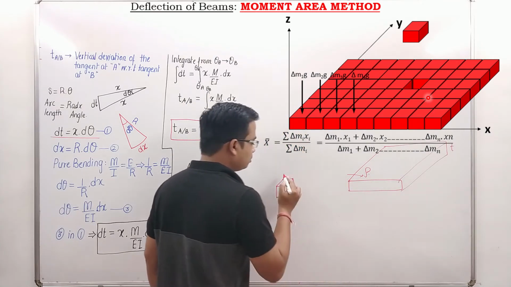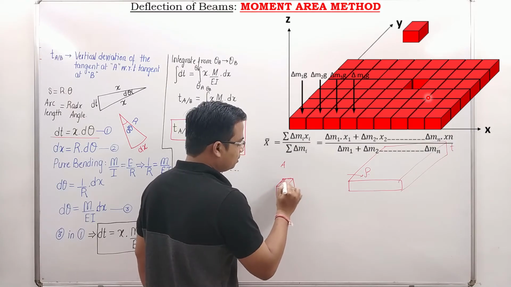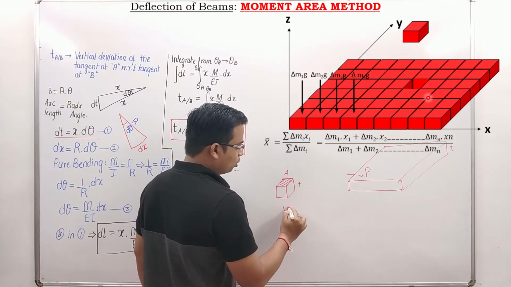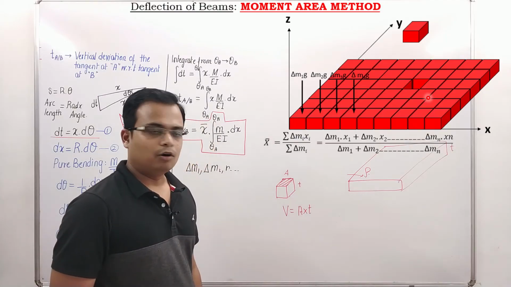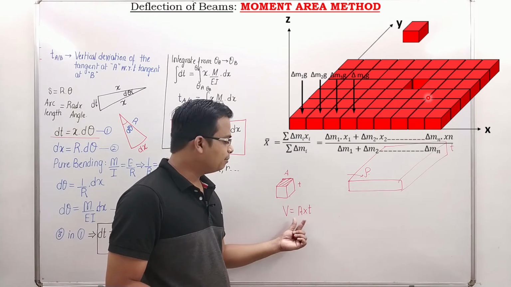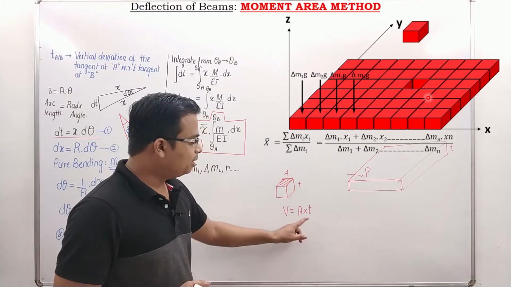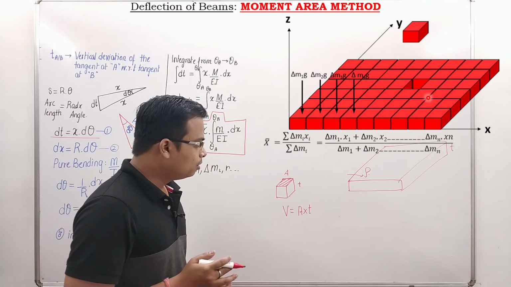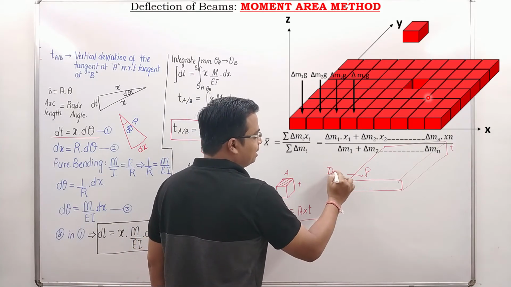Thickness is T and the density is rho. This area is A. Let me just hatch it. The area is A, the thickness is T, so the volume is going to be area multiplied by T, right? All the elements are going to have the same volume, A multiplied by T. A is the upper cross section. A multiplied by T will give you the volume. But how can that help us? And secondly, this over here is nothing but the density.